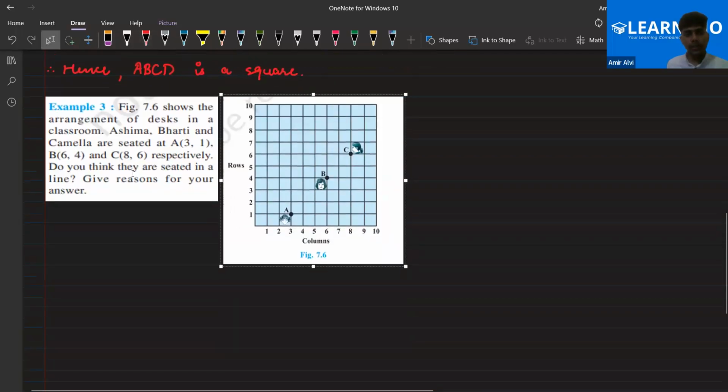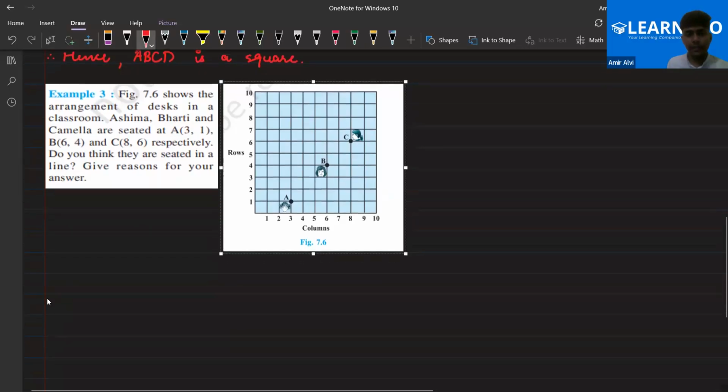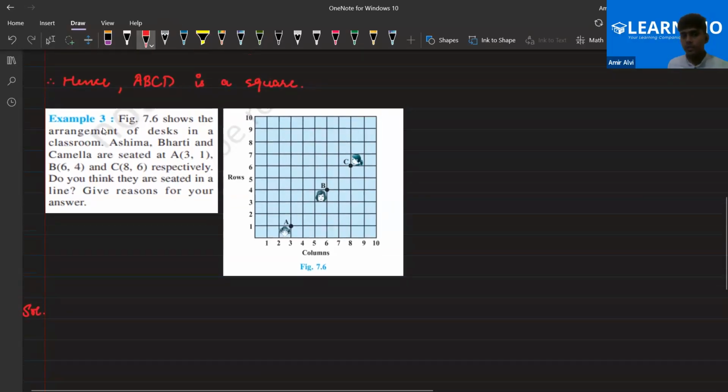Okay, let me give you a hint. Take a minute, okay? The question says that this is the arrangement of the girls. It shows that we have to find whether they are seated in a straight line or not, right? So we have to calculate the distance between AB and BC, and we have to calculate the distance of AC as well, right?